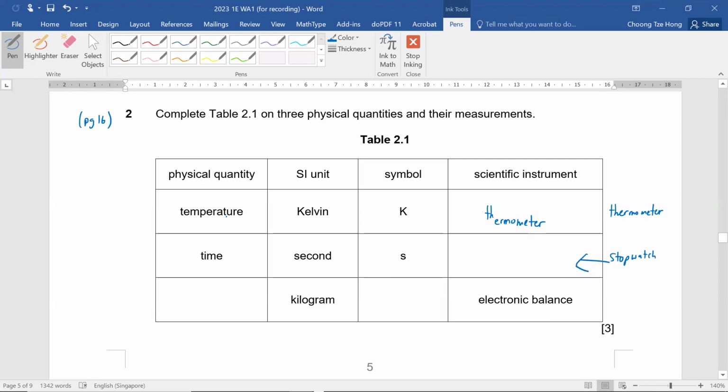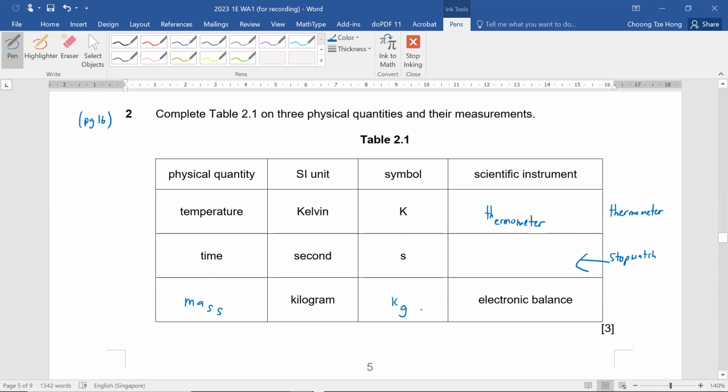Then for the physical quantity, over here you look at the SI unit is kilogram. So now here we are talking about mass. So here will be mass. And then the symbol for kilogram, they are talking about the symbol for the unit, so it will be kg.